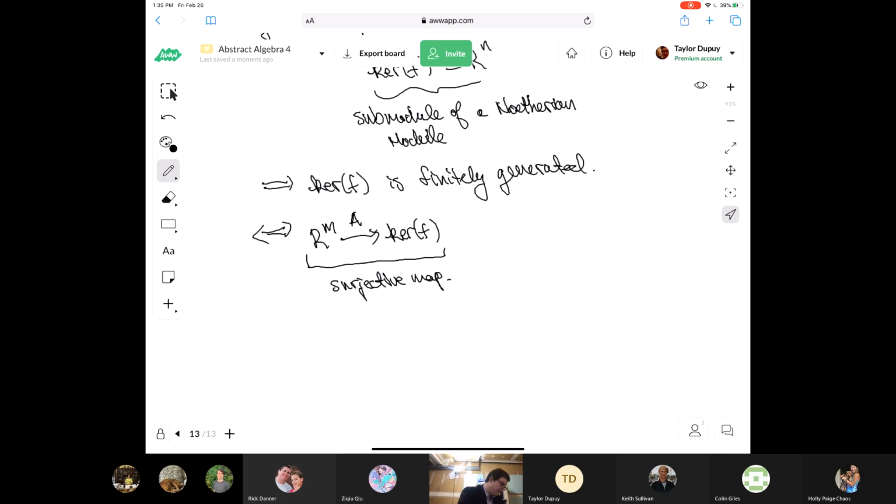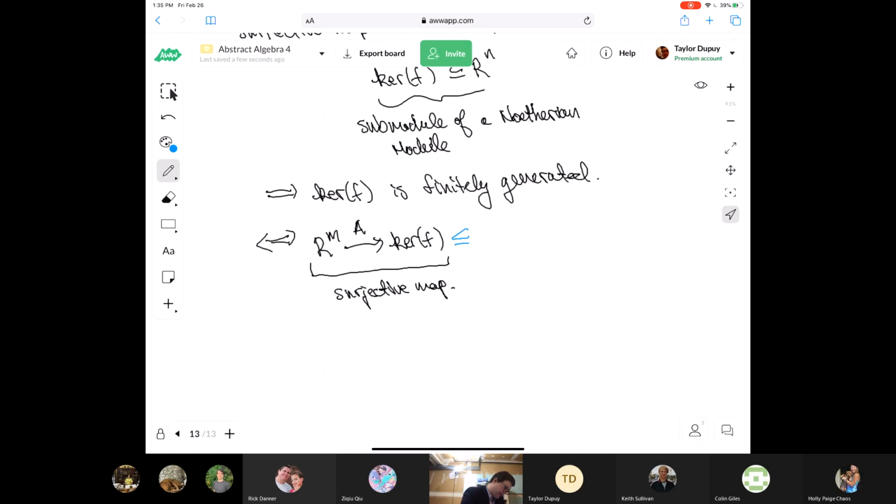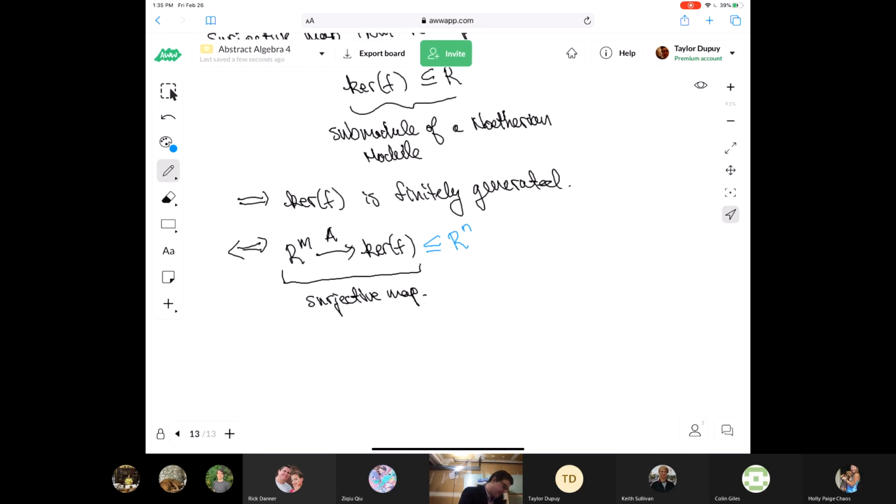Okay, so I want to write this A in a different way. So the kernel is really a subset of R to the N. You guys agree, right? So the kernel is in this, and so we really have a map.